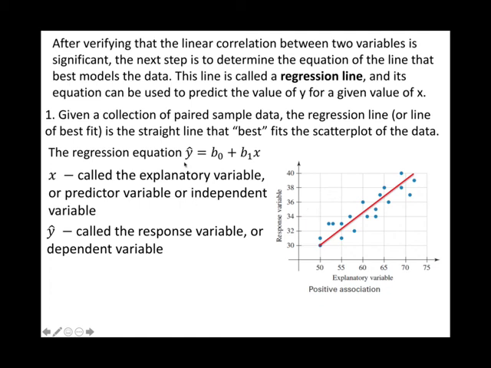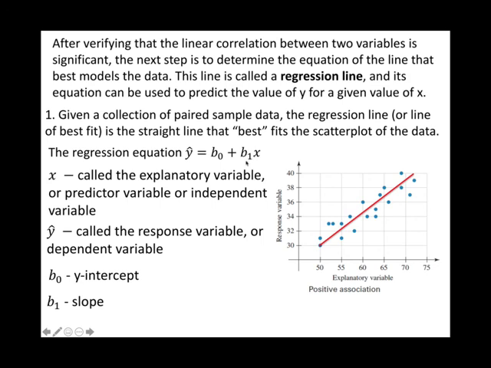And remember, you learned the linear equation in algebra class. For the linear equation, the formula is y equals b plus mx. That's a similar idea for this regression equation. The b naught in my regression equation is equal to your b, which is the y-intercept.